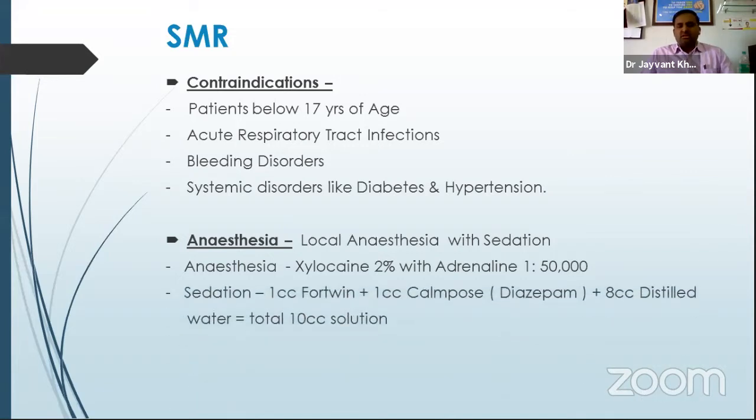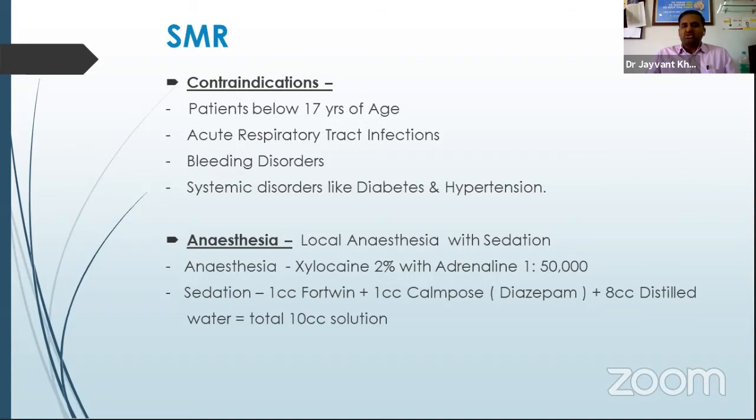Sedation: a combination of 10 cc solution is used for sedation in submucosal resection, endonasal DCR or septoplasty, in which 1 cc fortwin, 1 cc compose or diazepam, and 8 cc distilled water.